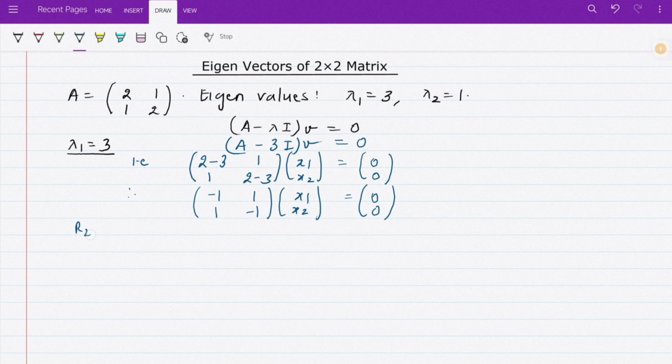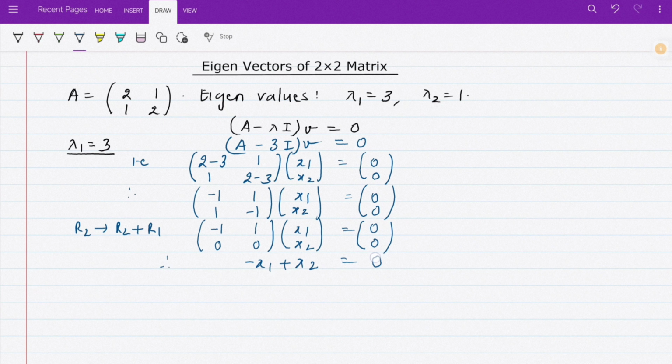Performing the row operation R2 changes to R2 plus R1, we get [minus 1, 1; 0, 0] times [x1, x2] equal to [0, 0]. So therefore this results in minus x1 plus x2 is equal to 0. That is x2 is equal to x1.